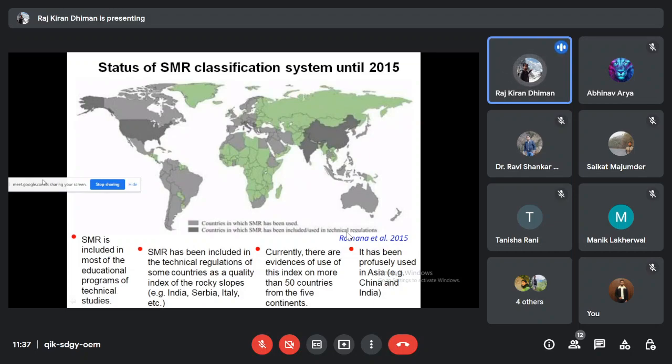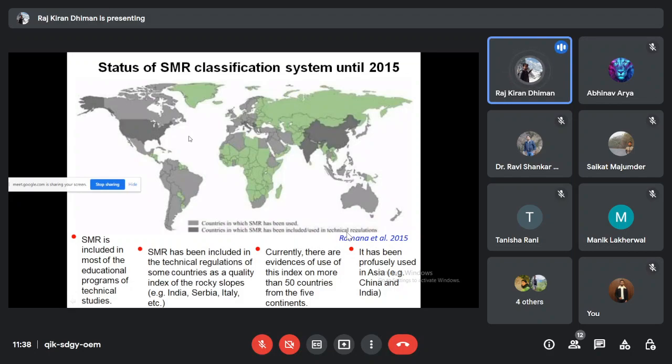And if you can see in this figure, in this world map, all those countries which are dark gray color, like India, China, there are some European countries here, Spain, America, these all countries have used SMR, as well as they have included SMR in their technical regulation, meaning they have included that in their course also.